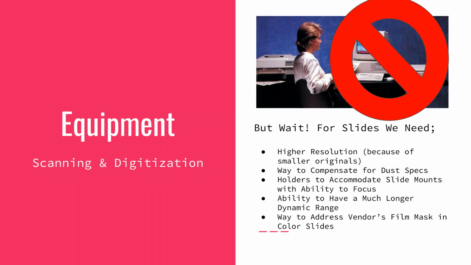We needed a way to have a much longer dynamic range because there's a higher Dmax on slides, 35mm slides, and a lower Dmin. And we needed a way to address the vendor's film mask in color slides. So if you've ever scanned slides before, you'll notice that sometimes you see that orange kind of cast over it. That's actually an inherent component placed in the film composition, and we'll talk about that in a few moments. So we needed all of that to come around.